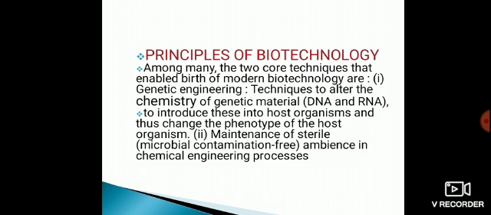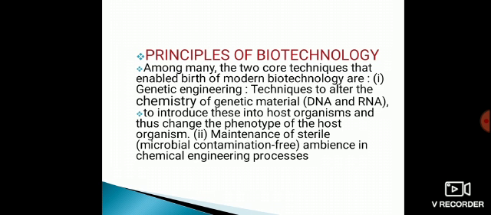Now we have to discuss the principles of biotechnology. There are basically two main techniques of modern biotechnology. One is genetic engineering. What is genetic engineering? This technique is used to alter the nature of genetic material.